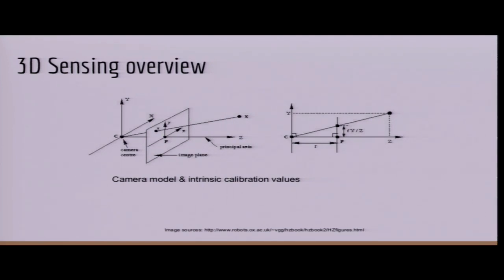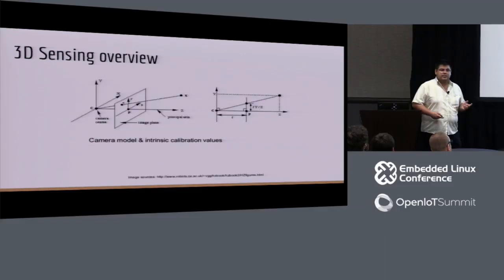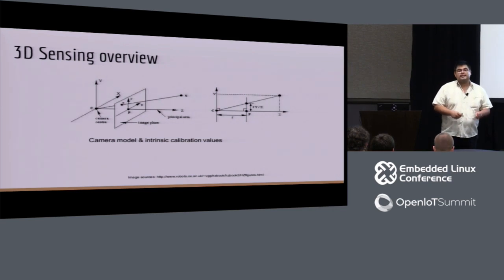First of all, 3D sensing. To get a picture or a real object digitalized, we need a camera. But we need to get its parameters to get the fixed structure inside.